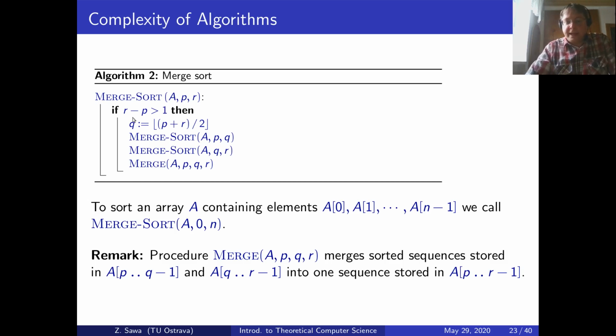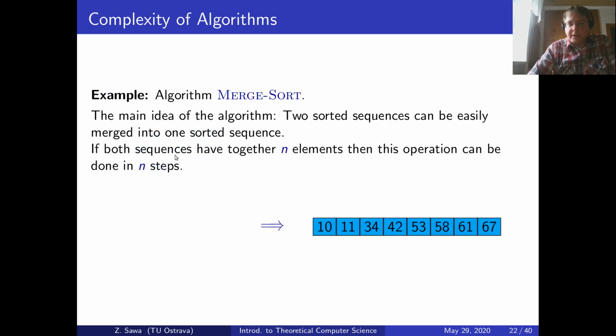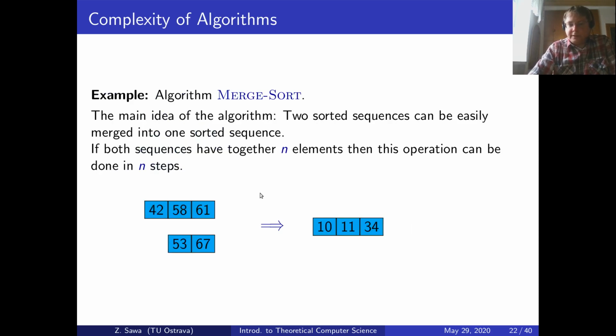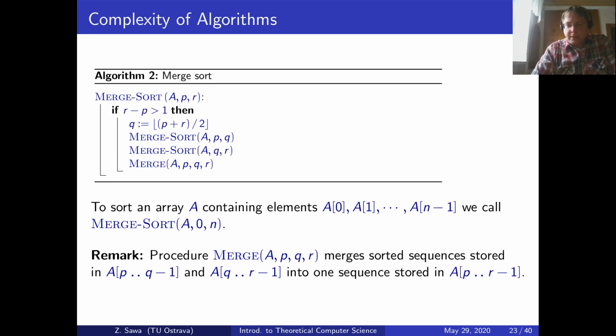Only when the length of the interval is at least 2, we compute the middle, and first sort the part from P to Q and then from Q to R recursively, and then we use this procedure merge that combines these two sequences together in the way I have described before. Okay, so this is how merge sort works.